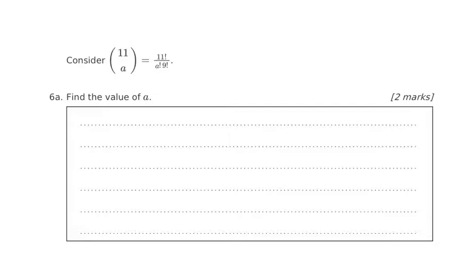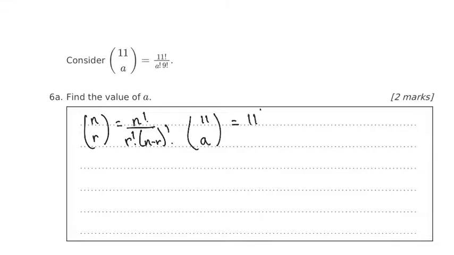In question 6, we're told 11 choose a is equal to 11 factorial over a factorial 9 factorial. And we're asked to find the value of a. Use the combinations formula, which is n choose r is equal to n factorial over r factorial (n minus r) factorial. And we're given 11 choose a is equal to 11 factorial over a factorial 9 factorial.